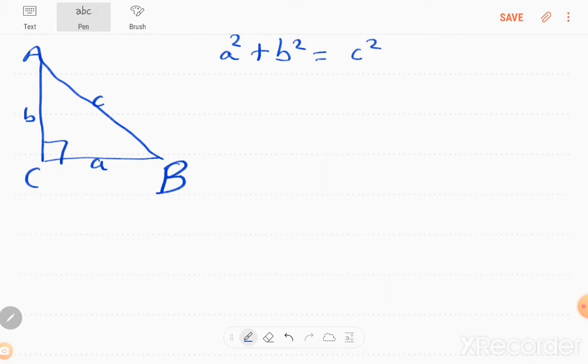So now, if we had the distance formula, we see A itself is the distance from B to C. So the distance from B to C represents A, so we want to square that, plus B would be represented by the distance from A to C, squared, and then the hypotenuse squared would be the distance AB squared.